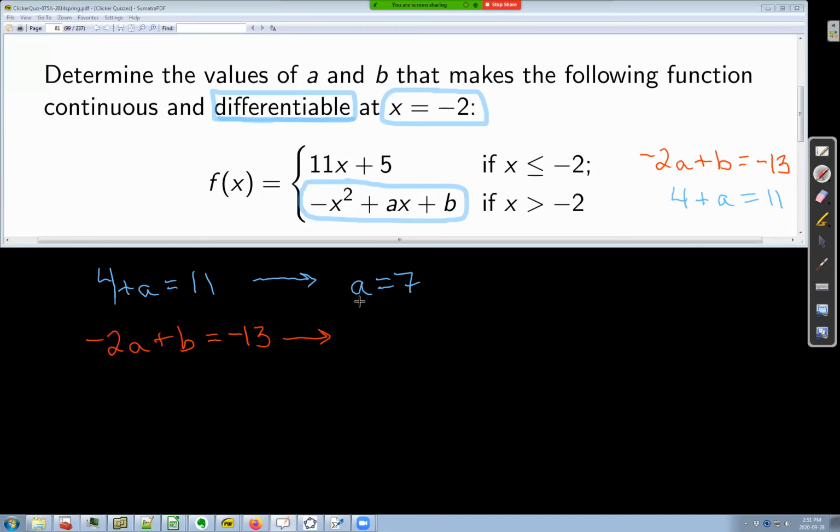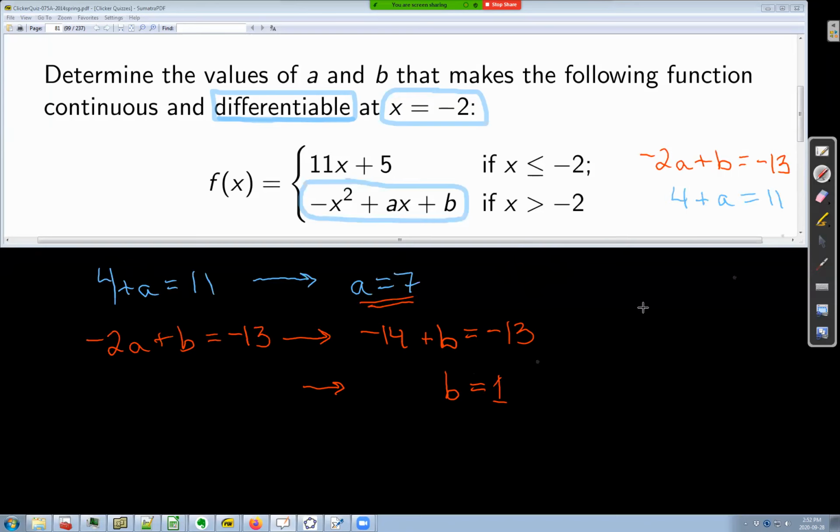But we now know that a is 7, so I can put a 7 in for a. I get -14 plus b is equal to -13, and I can add 14 to both sides, so I get b is equal to 1.